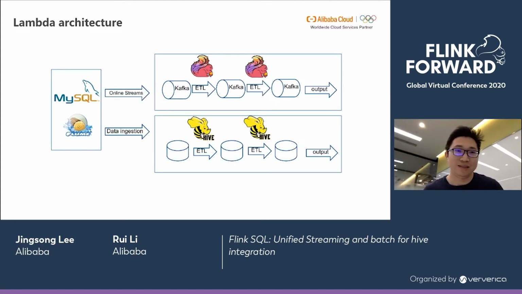Next is the Lambda architecture. At this time, many people will choose a set of real-time and a set of offline warehouses, which do not interfere with each other, and separate the requirements according to whether the task needs to go through real-time requirements. So what's the problem of the Lambda architecture?